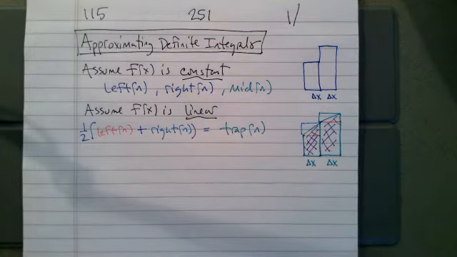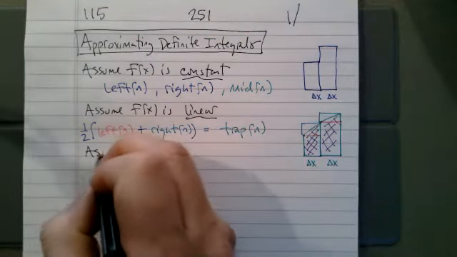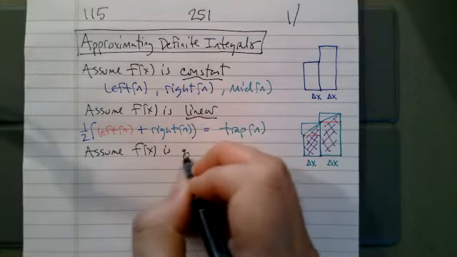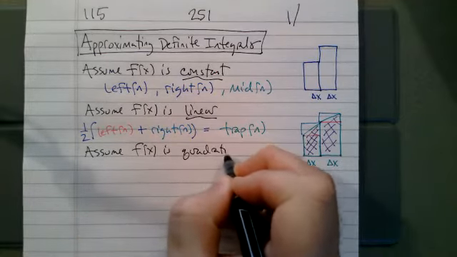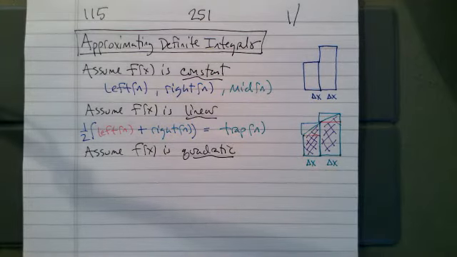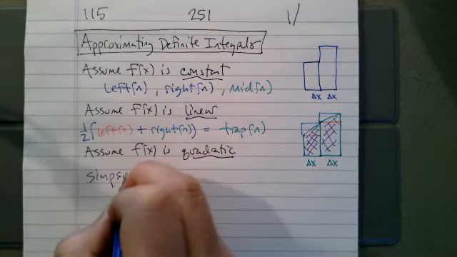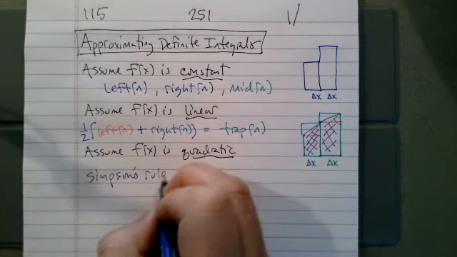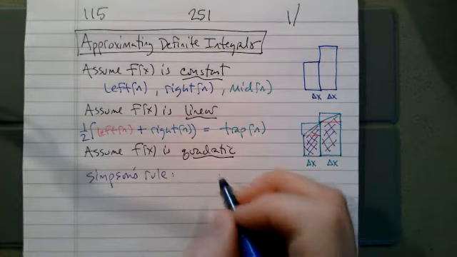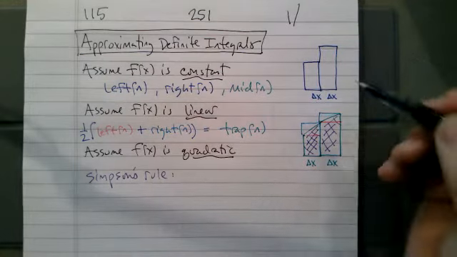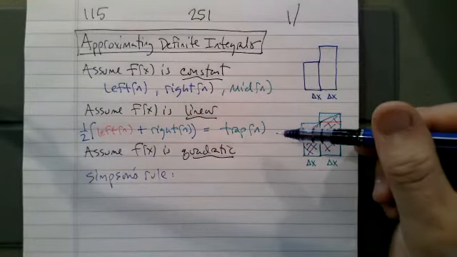Going beyond midpoint and trapezoidal rule, we can assume that f of x is quadratic. And this results in Simpson's rule. Simpson's rule is a weighted average of the midpoint rule and the trapezoidal rule.